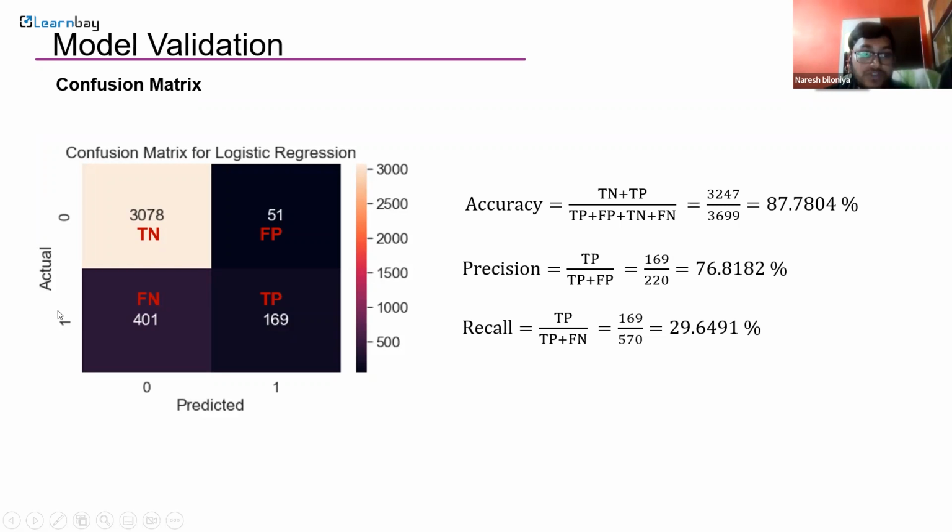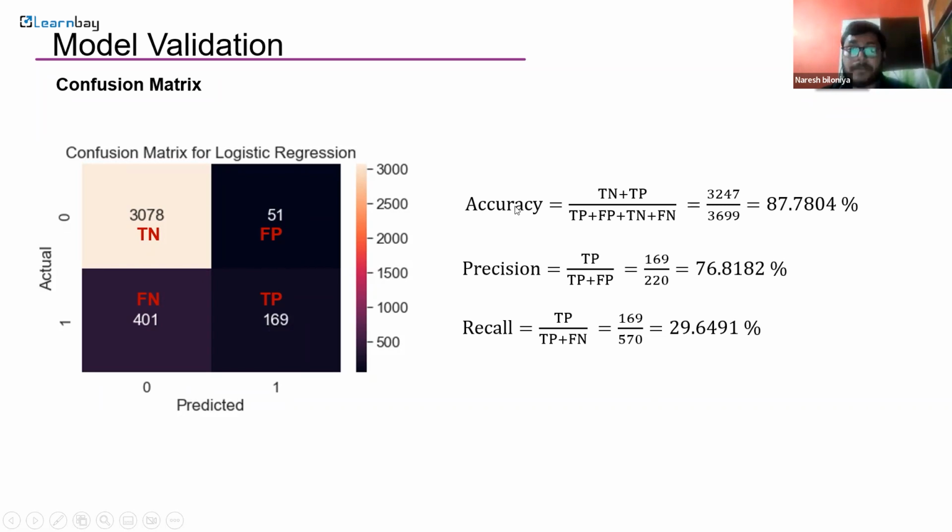False negative means actually it was positive, true, but our model predicted false. True positive means it was actually positive and the model also predicted positive. And false positive means the actual value was negative, but the model predicted positive. So this is our confusion matrix.